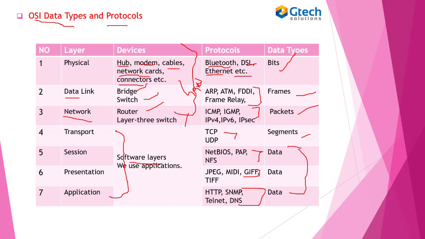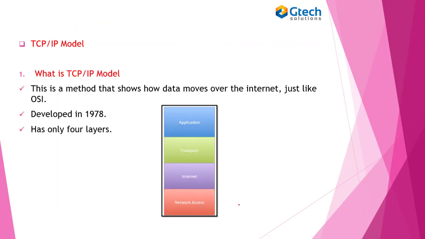Let's move on to the next topic, the TCP IP model. There are 2 categories of networking models. One is OSI model and the other one is TCP IP model. They basically work the same.